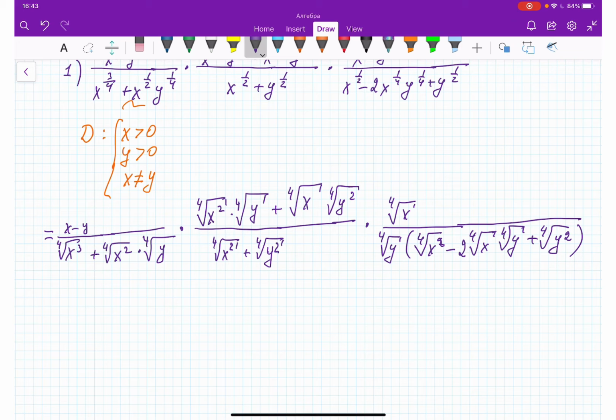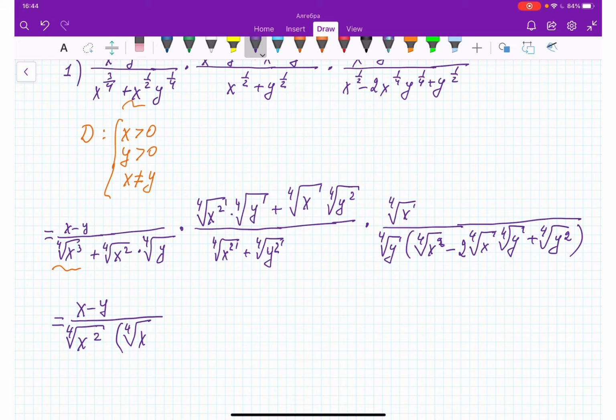Okay, let's move to the next one. So x minus y, leave it where it is, but in the denominator I'm going to take out radical degree 4 of x squared. So what will I have? From this one, I will have left radical degree 4 of x, right?